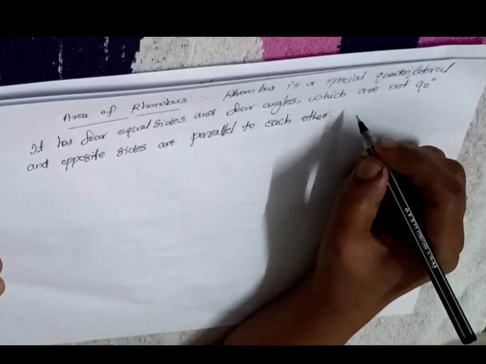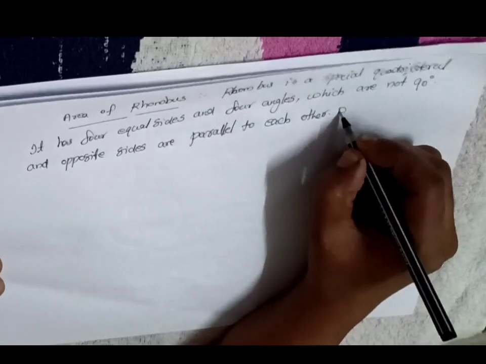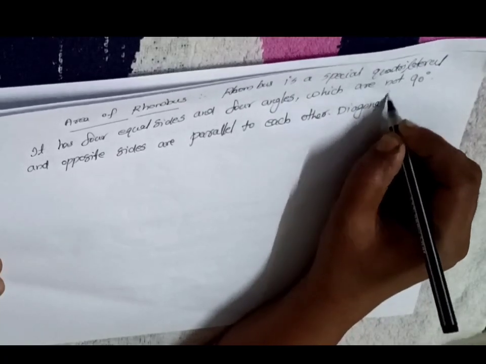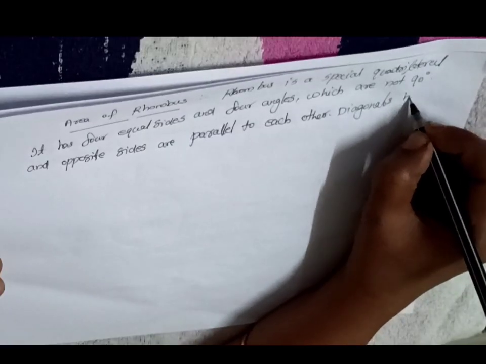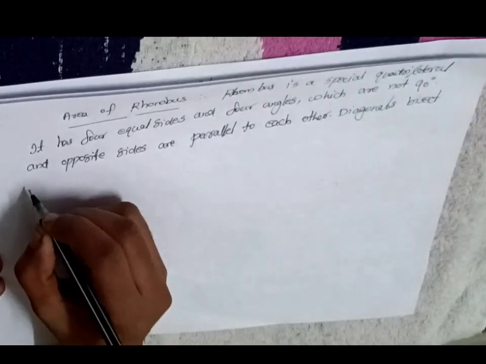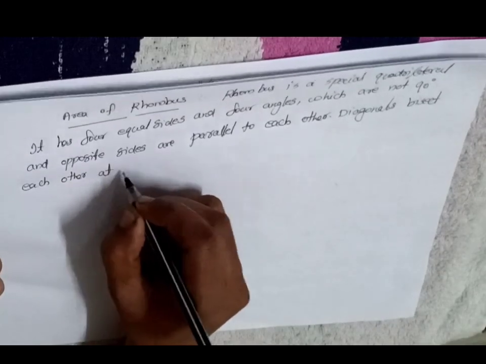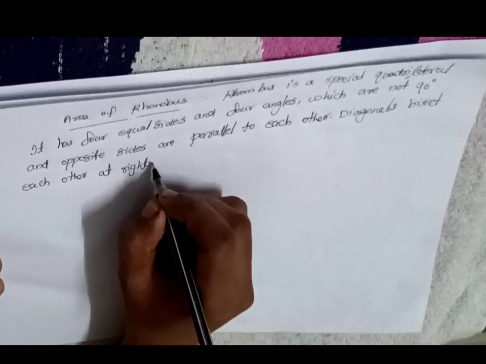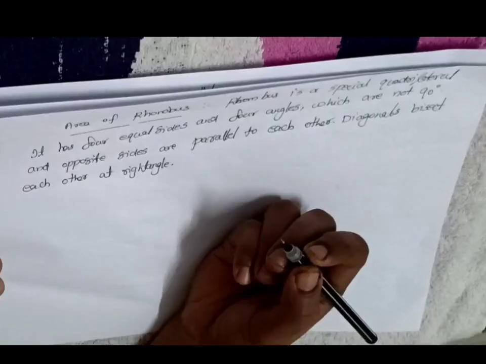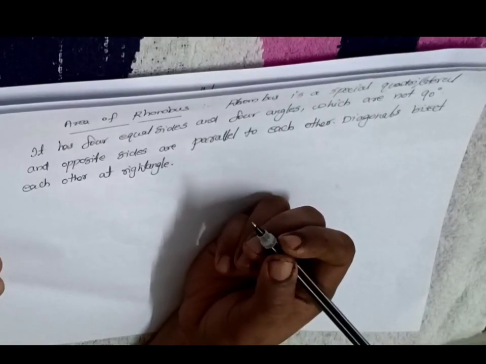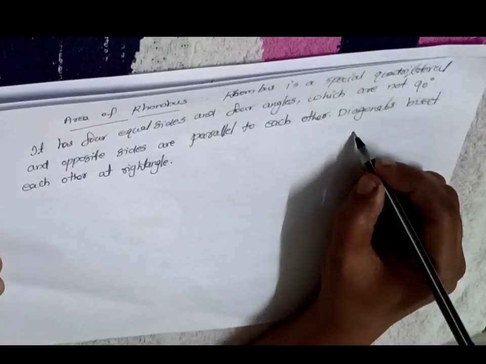Its diagonals bisect each other at a right angle, that means at 90 degrees. That is, here it is a quadrilateral.